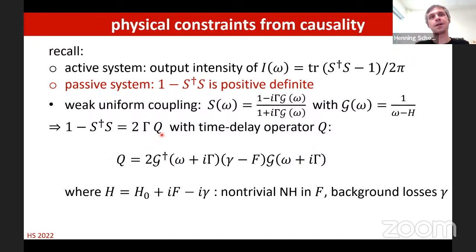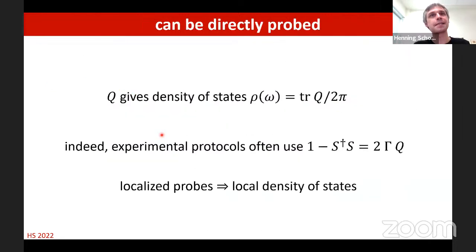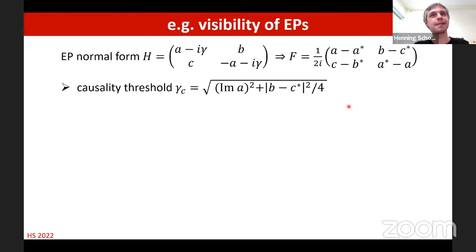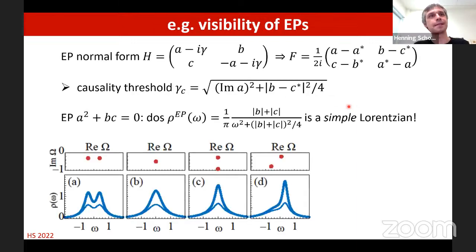And this thing, which is called causality, helps us to limit and to understand what a passive system can do for us in an experiment. And the story is actually quite simple. This operator, this time delay operator, immediately gives us the density of states. And we now know that it is constrained in certain ways. We can work it out in particular examples.